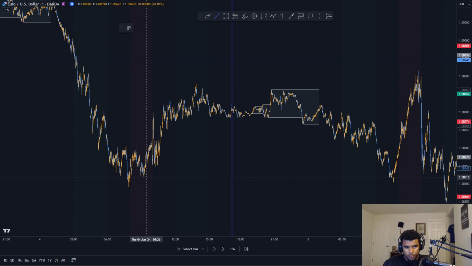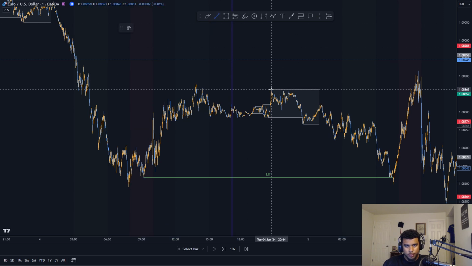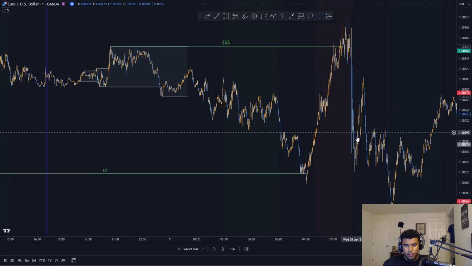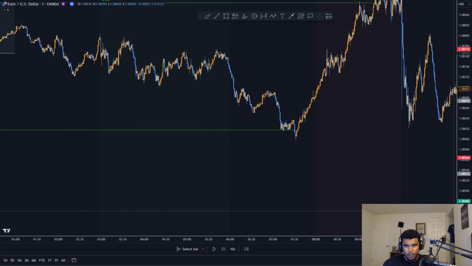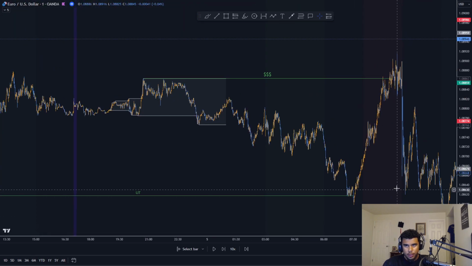Oh no, I guess it'll be this one. This will be your TP here. And what you're going to be looking for is some sort of entry down here on the M1. I guess it doesn't present itself very clean, huh? But that would be where you look for your trade.